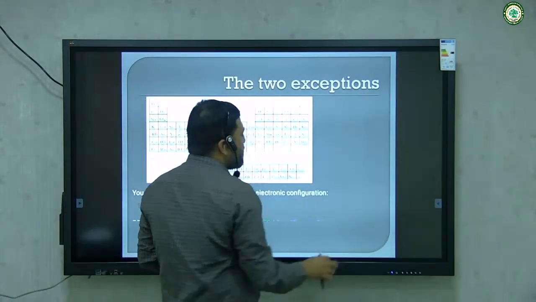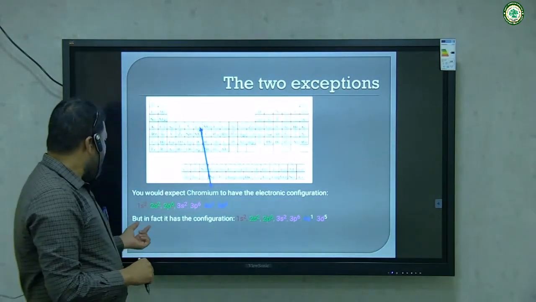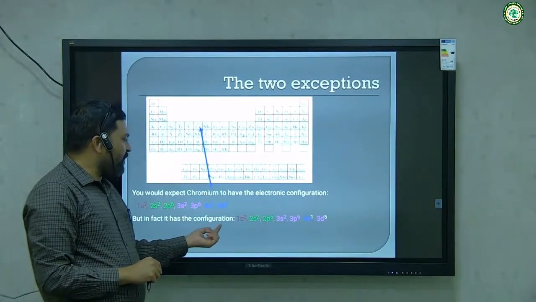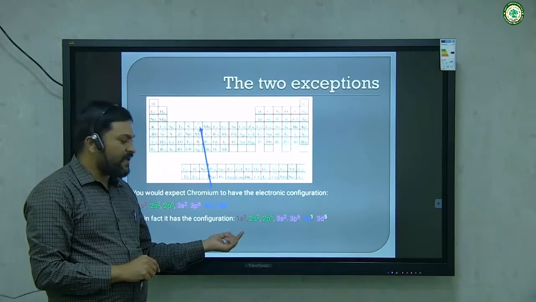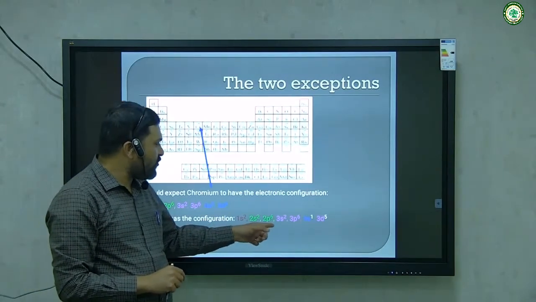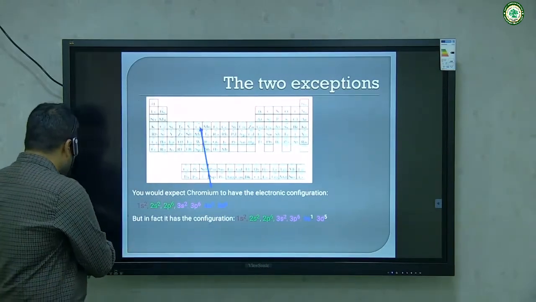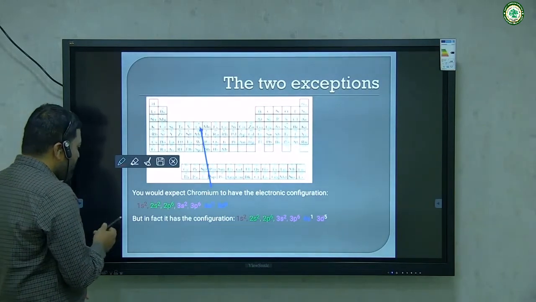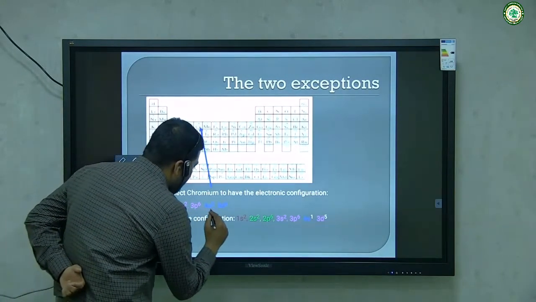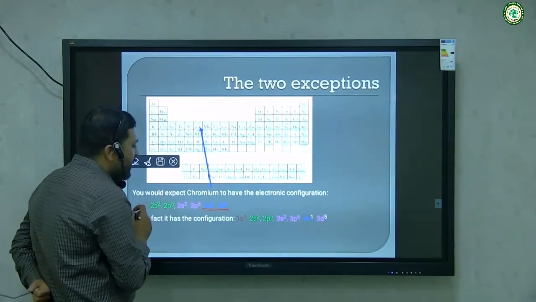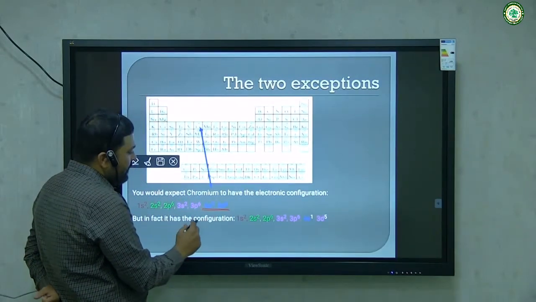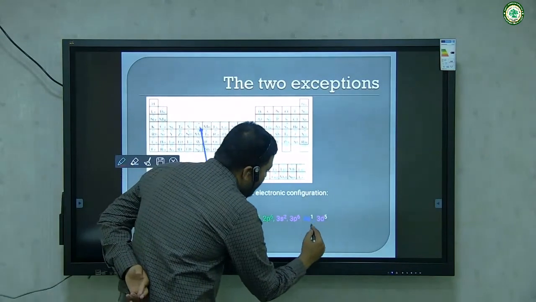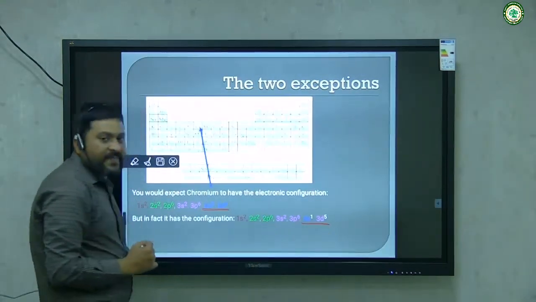But in fact, the observed configuration is 4s1 and 3d5. See here.